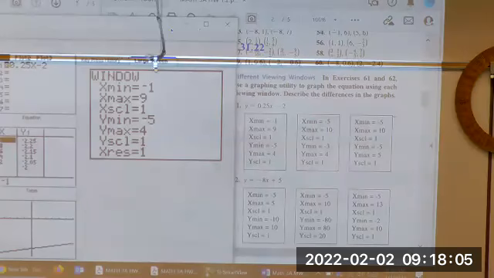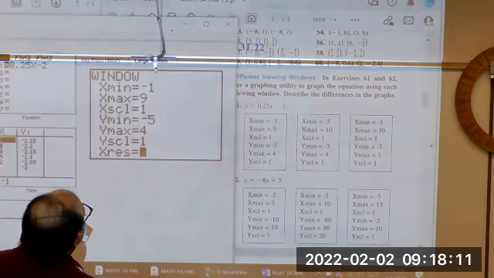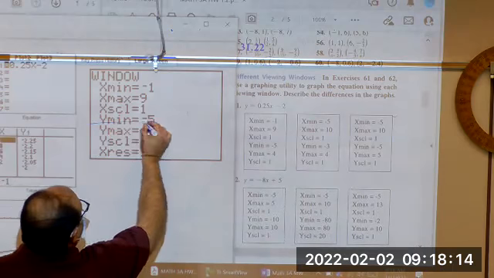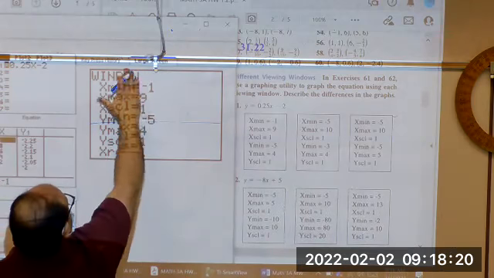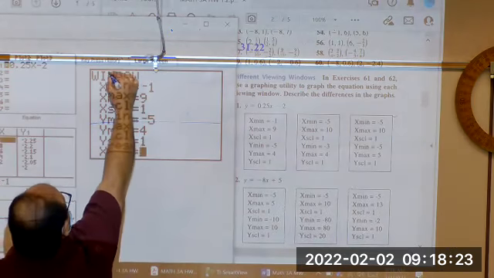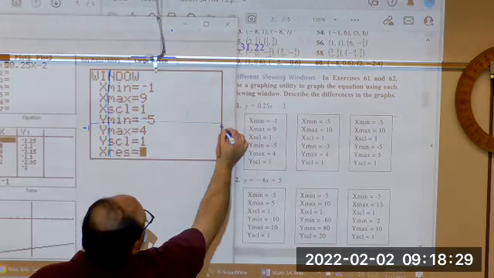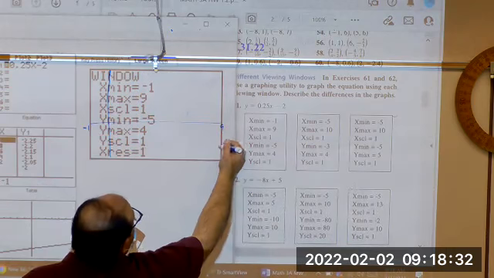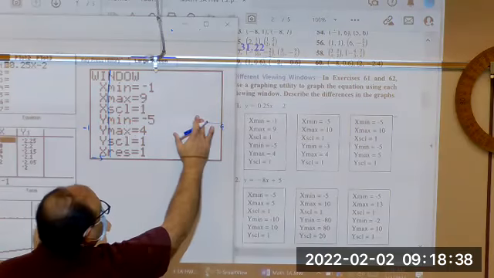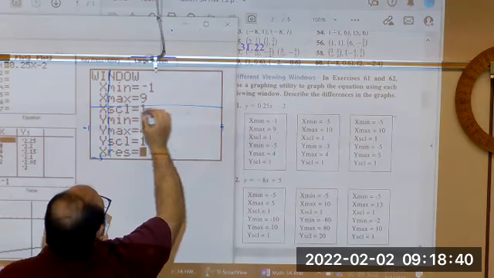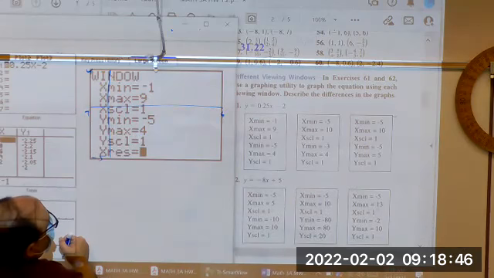Okay. So what that means is when it graphs, you're going to get your XY axis like this. The X minimum on the window is going to be here at -1, all the way to 9 on the right. The Y minimum is -5 down here, and that's going to go all the way up to a 4 up there.